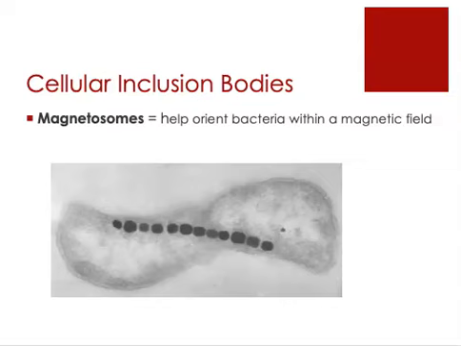Where is north and south and east and west? And the magnetosomes help it do that. They will orient inside the cell according to whatever magnetic field that cell is in, and that will align the cell along certain directions. Very, very interesting structure.